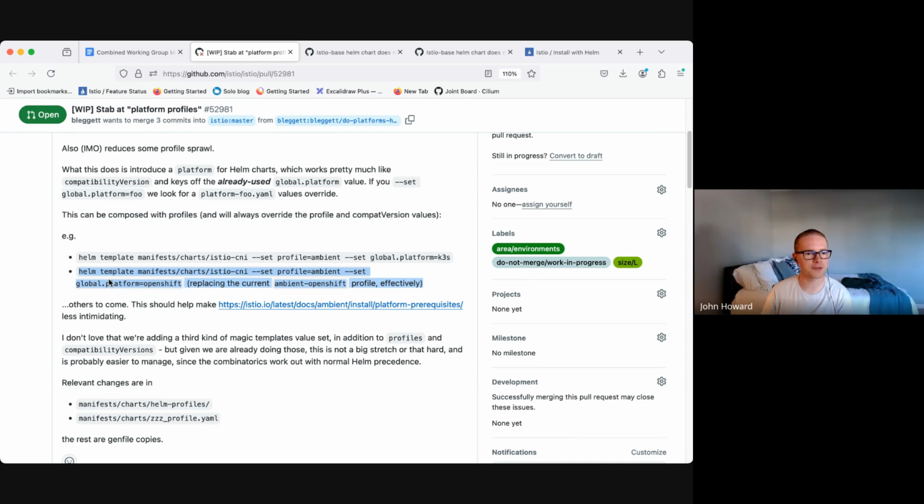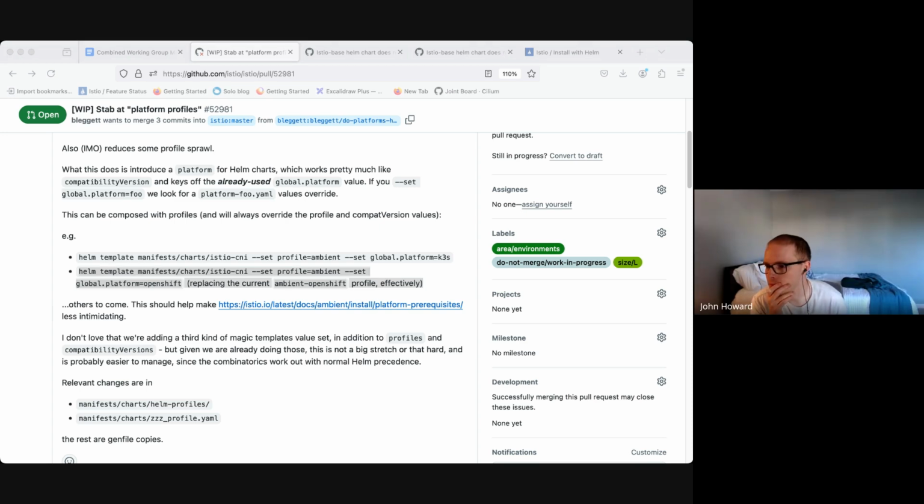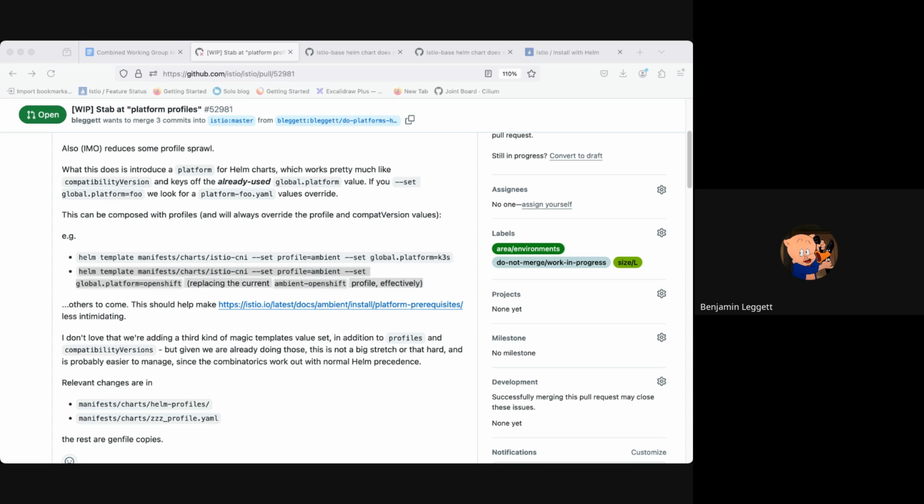It does not work to set global on the CNI chart, like that command. That's true, but in some of the gateways where it's actually used for the OpenShift stuff, it is referred to as values.global.platform in the template. Today you have to set both or something. They may be setting both, yeah.